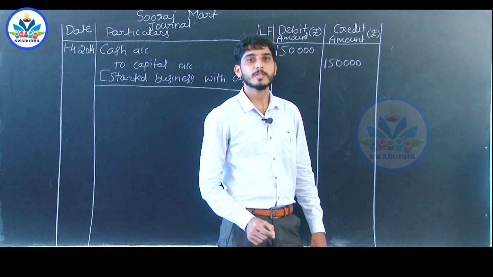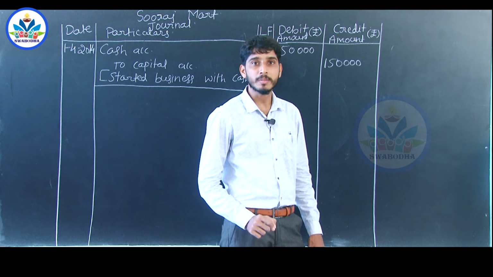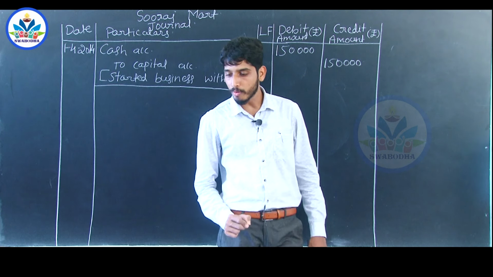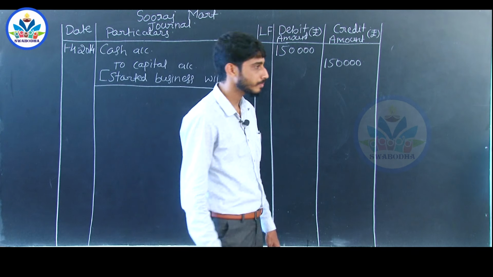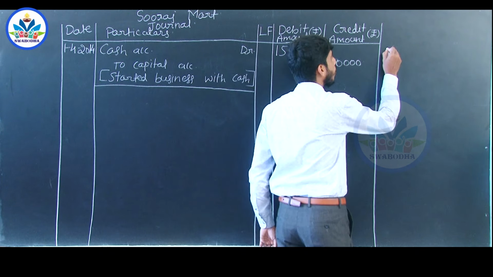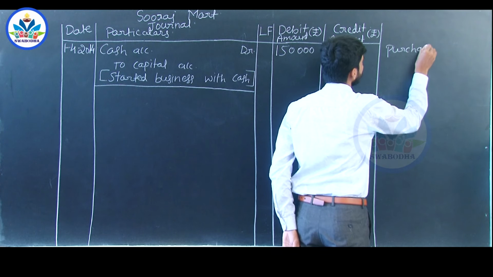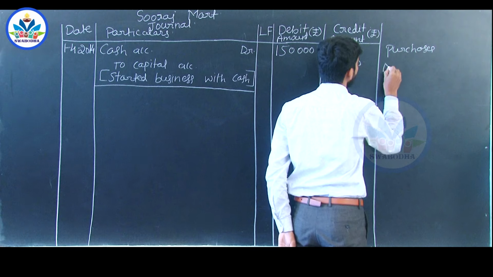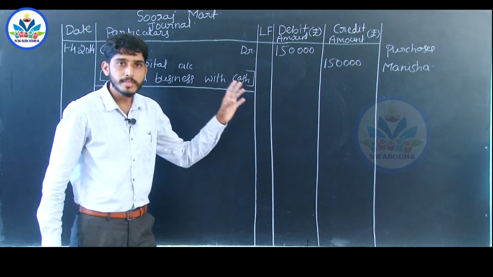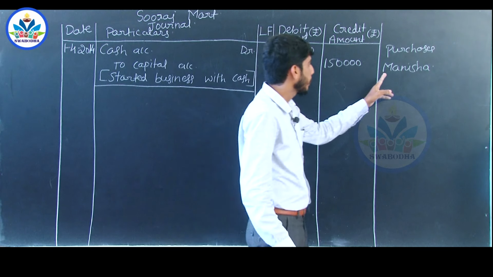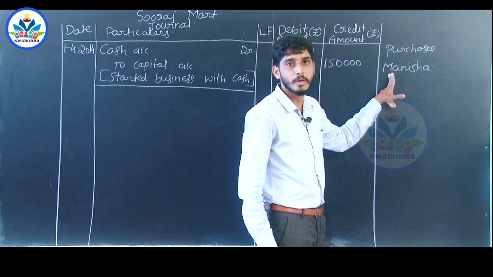The business has purchased goods from the supplier called Manisha, and the value of such purchase is 36,000. So the two accounts involved are purchases and Manisha.